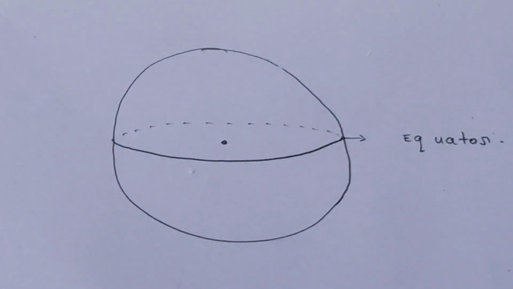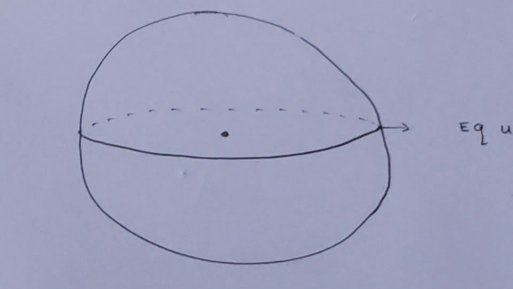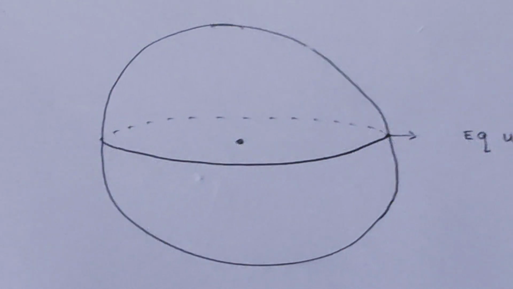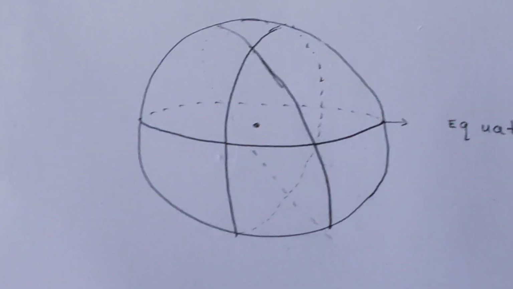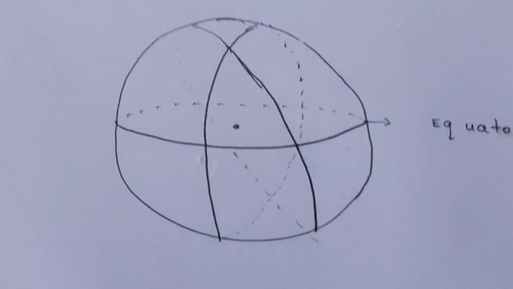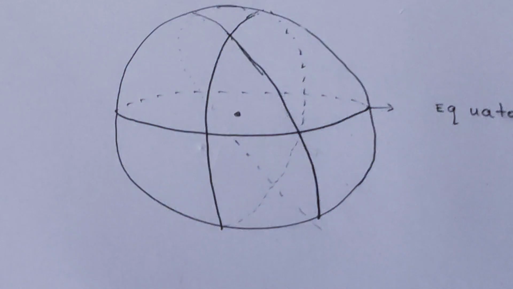So it is the great circle which passes through the center and divides the earth into two equal parts, that is northern hemisphere and southern hemisphere. I have drawn three great circles, each passing through the center, and each divides the earth into two equal parts.